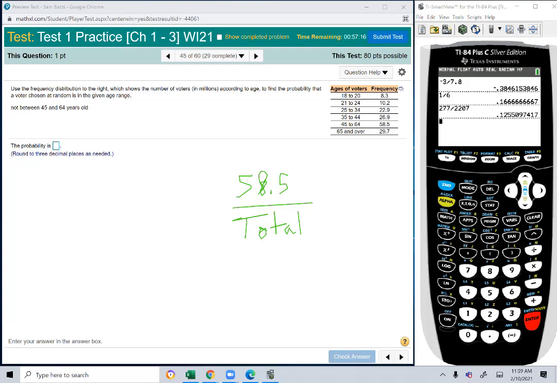You get the answer. Or just like you said, you can add 8.3 plus 10.2 plus 22.9 plus 26.9 plus 29.7 and divide by the grand total. Okay, guys, I'm going to stop.